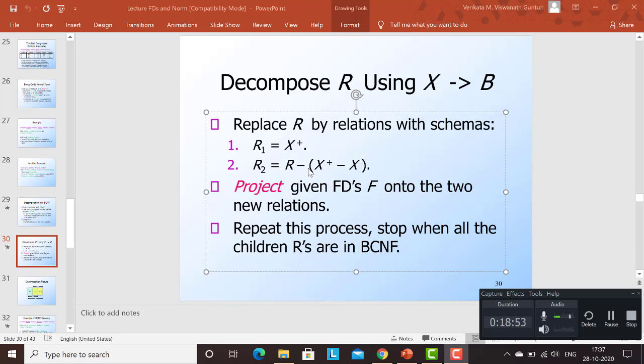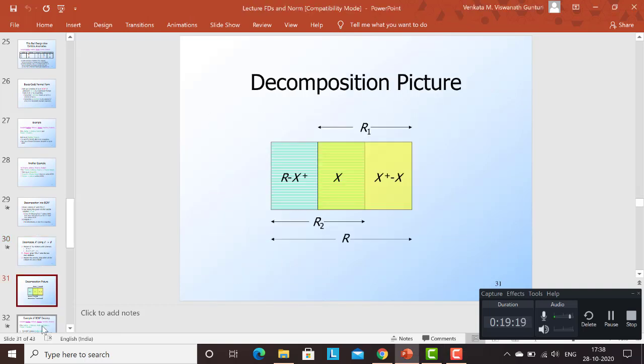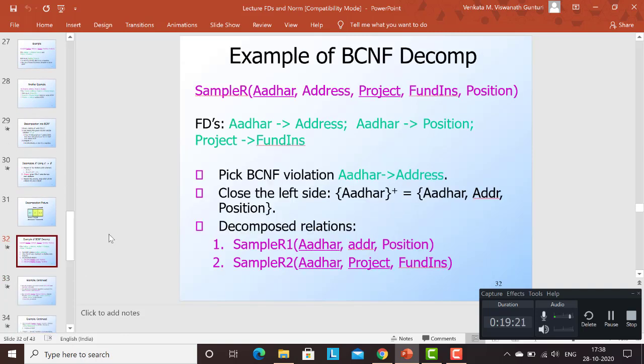Again you catch an FD that violates the BCNF property, and then you again do the decomposition. You keep doing it until you come to a stage where all the current relations in your decomposition are in BCNF. That is when you stop. Okay, this is just a pictorial representation. It's fine. So let's go with the example here.